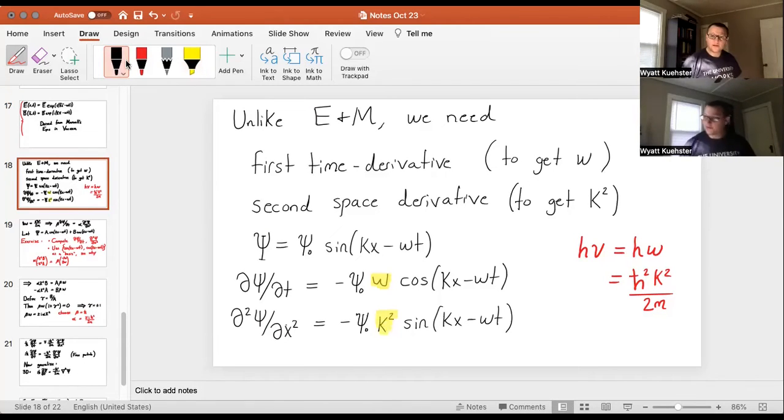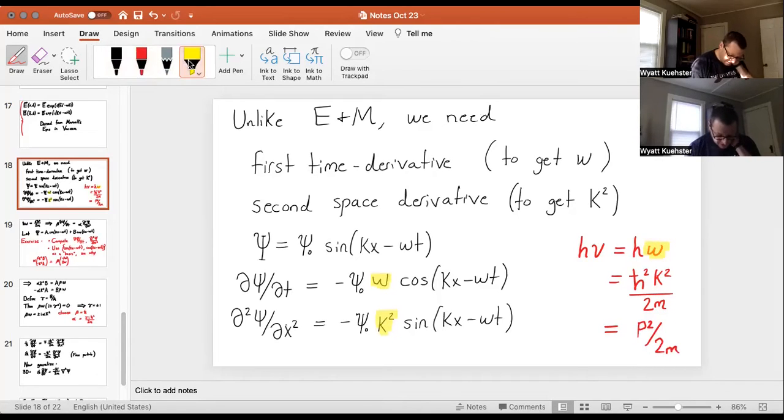If we equate the two expressions for energy, h nu is the same thing as h bar omega, so we need omega on one side of the energy equation. On the other side, we have p squared over 2m, which equals h bar squared k squared over 2m.